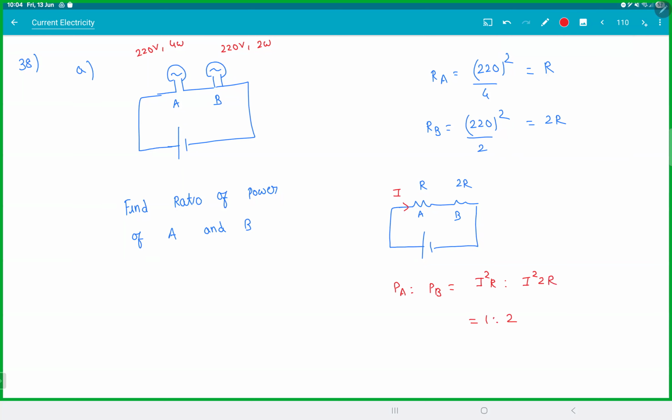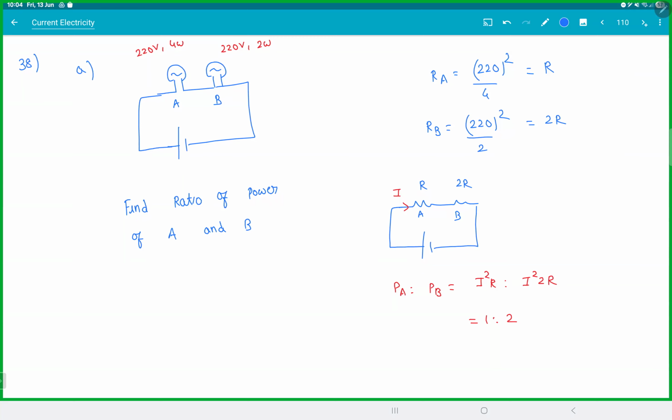So bulb B actually glows 2 times brighter. The problem here is the voltage will divide based on the resistances, isn't it? So the voltage will not get equally divided between the bulbs. So bulb B gets I square R. Clear with this?